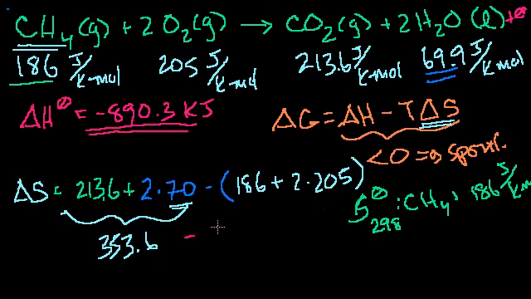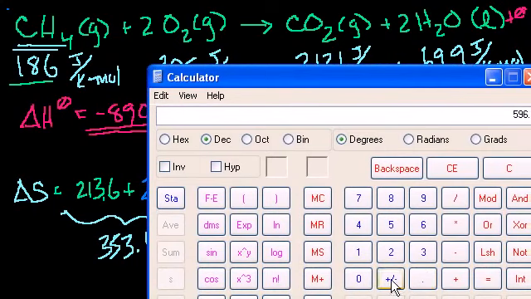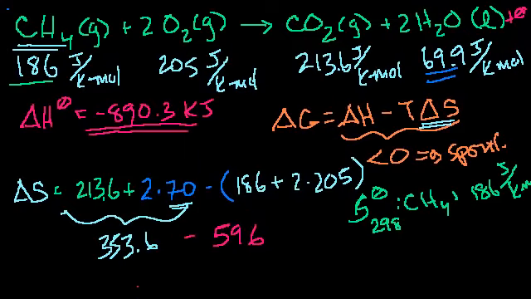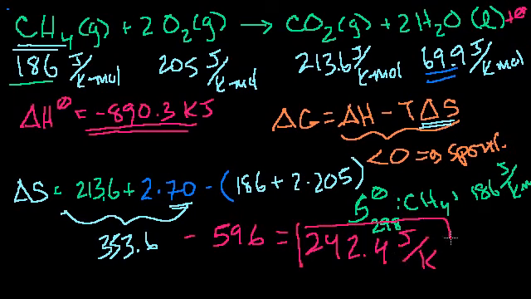So minus 596. And what is that equal to? So we put the minus 596 and then plus the 353.6, and we have minus 242.4. So this is equal to minus 242.4 joules per Kelvin is our delta S.